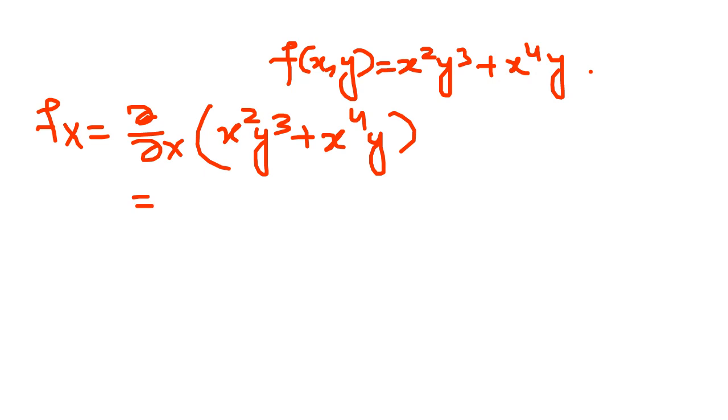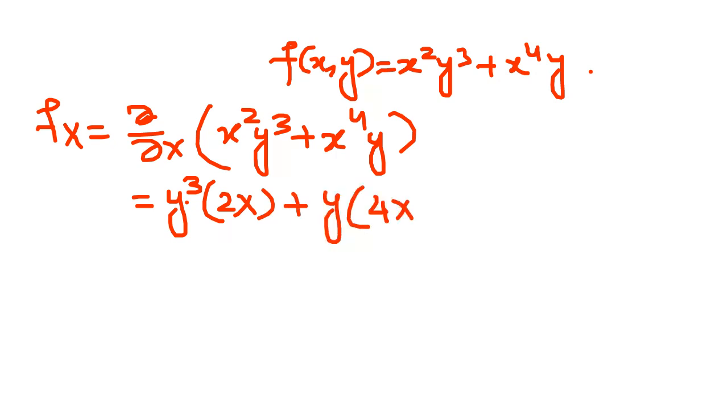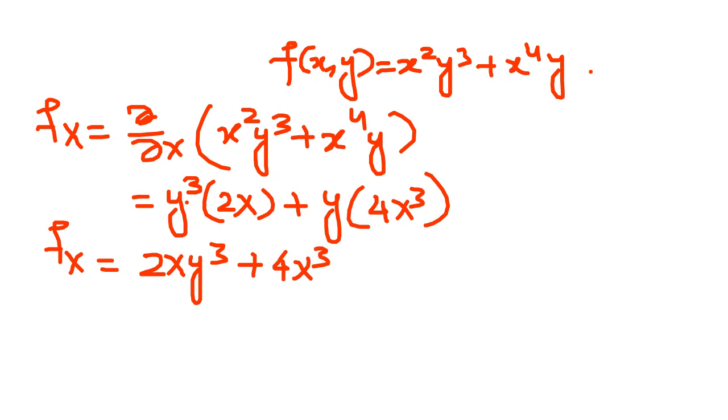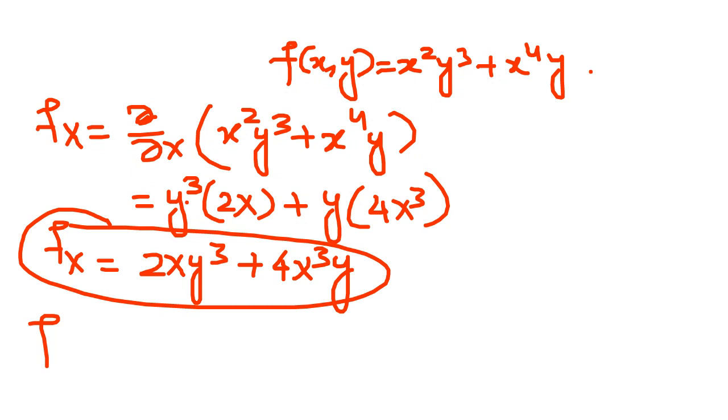So what is the derivative? y power 3 is constant, x square derivative is 2x, plus y is constant, x power 4 derivative is 4x power 3. Simplify it: that is 2xy power 3 plus 4x power 3y. You have to use this one to find x. How? You have to do the partial derivative of this one.